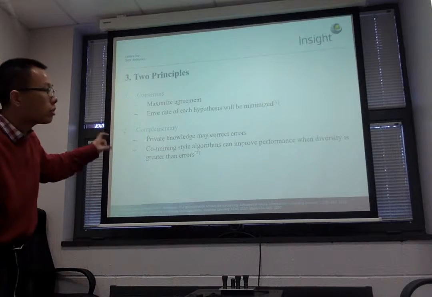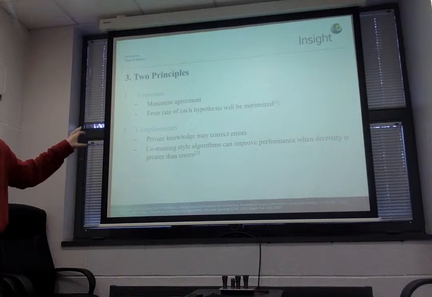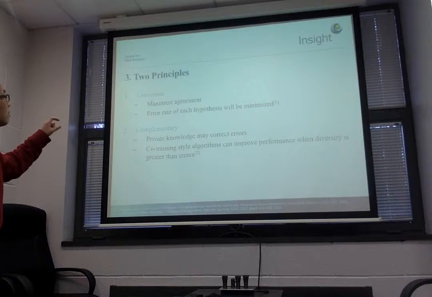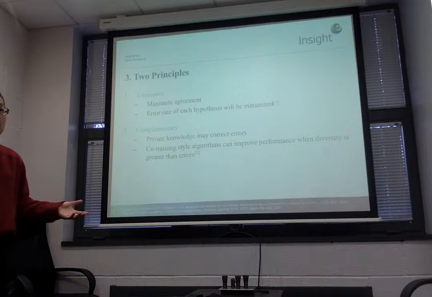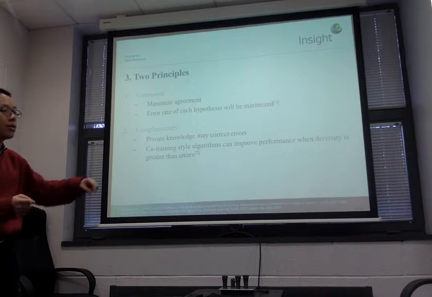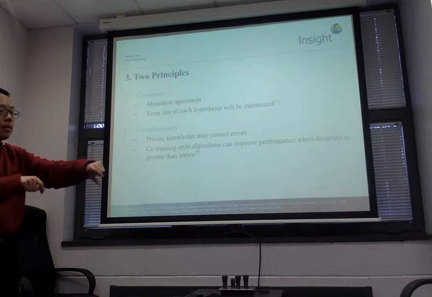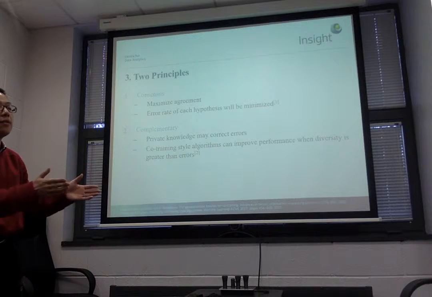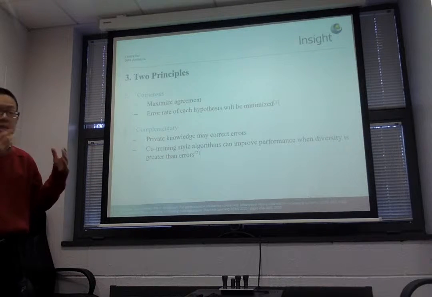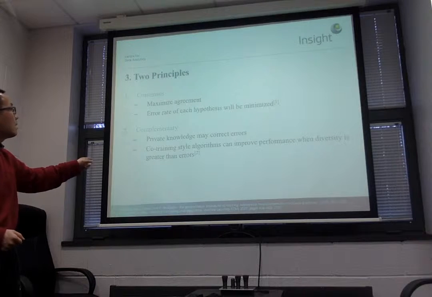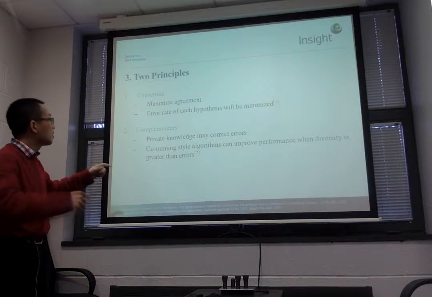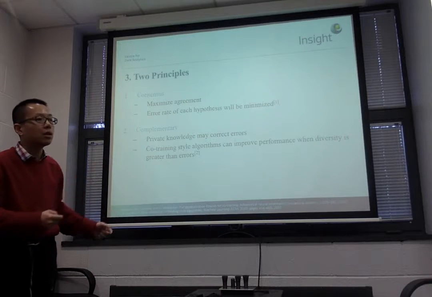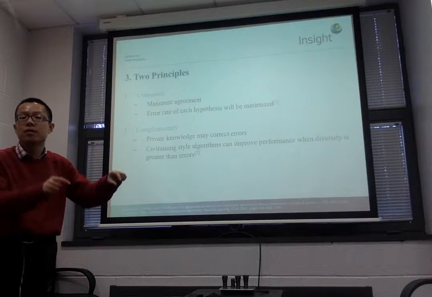So those two principles are based on these ideas. The consensus principle tries to maximize the agreement, which means they want the information between different views to be as consistent as possible, while the complementary principle wants the private information to correct the errors of the other.